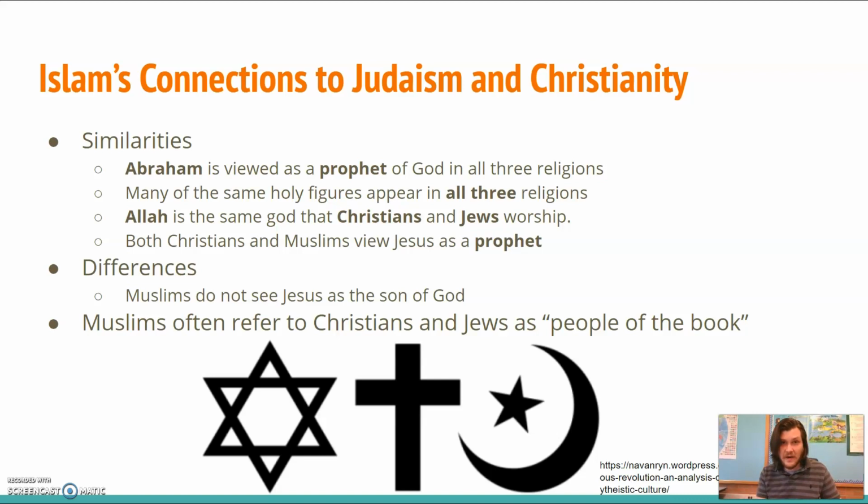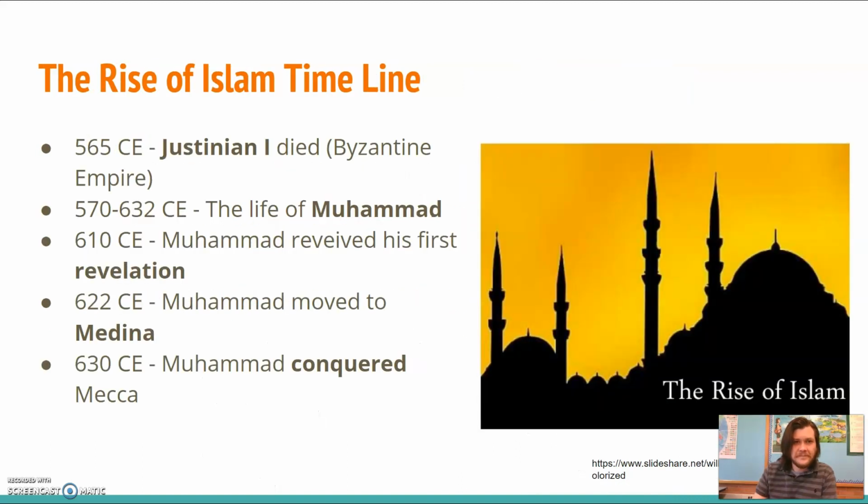Allah is just the Arabic word for God. Both Christians and Muslims view Jesus as a prophet. Now, there's some differences. Muslims do not see Jesus as the Son of God, but they do believe that he's a prophet. Muslims often refer to Christians and Jews as people of the book because there are so many similarities.